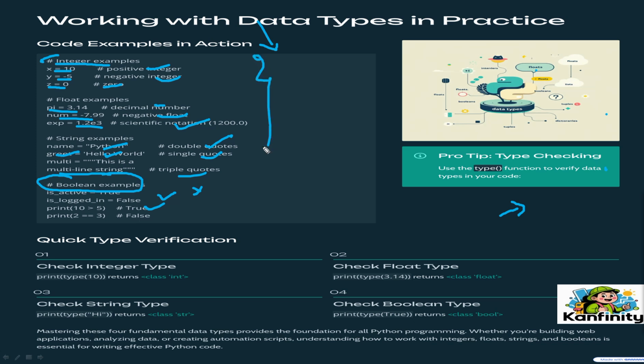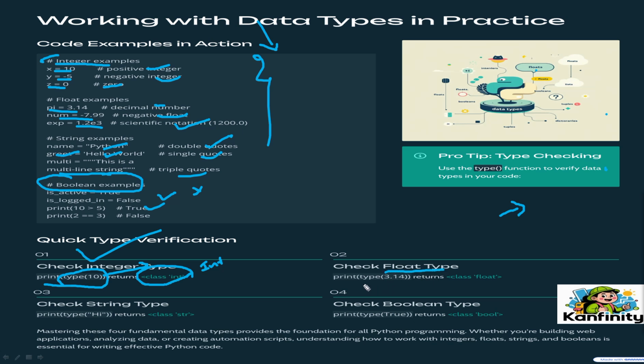Okay, here are quick type verifications. If we use print type 10 under the integer, this is a number, so the data type we consider is integer, that is int, because it allows only whole numbers, not decimal points. Then the second one, float type.